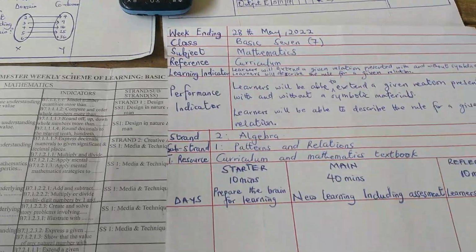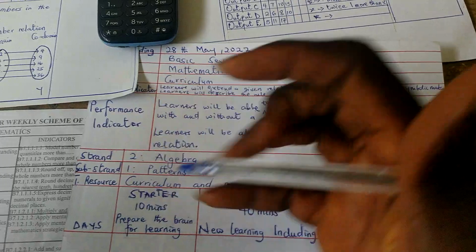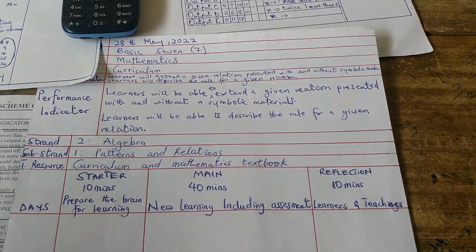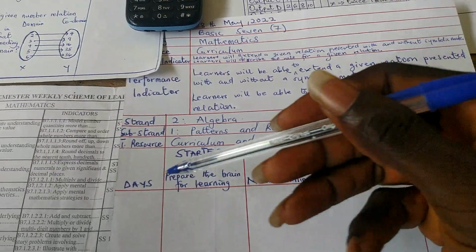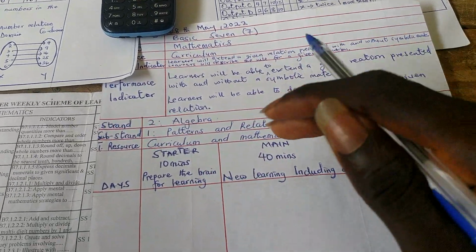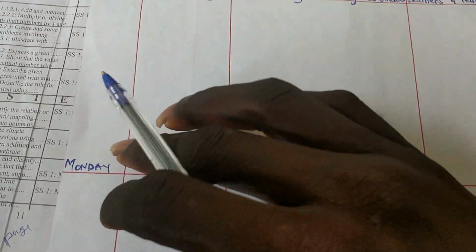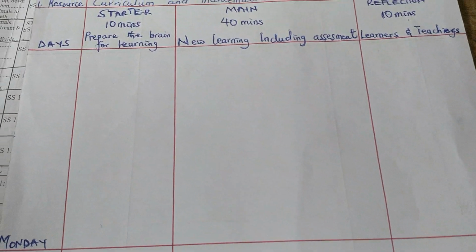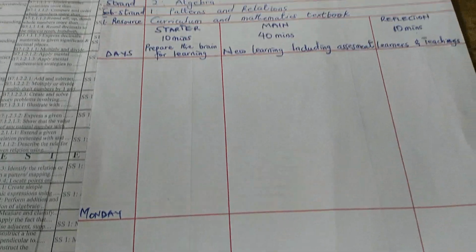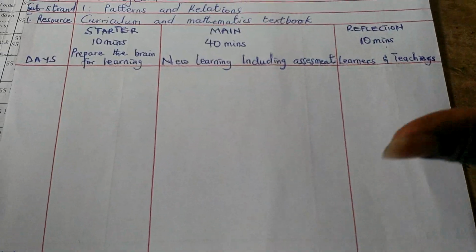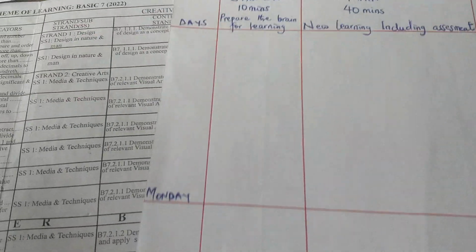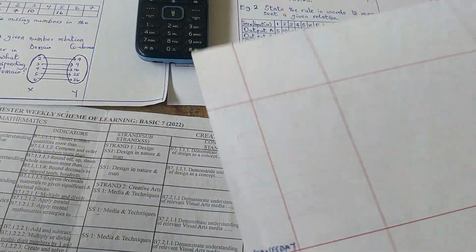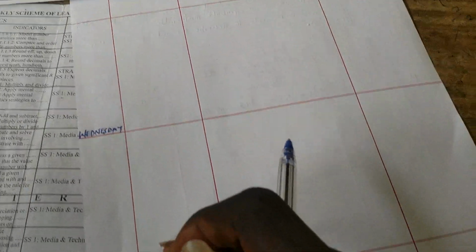Now when you come here, you have to know the meaning of these things, then you apply them whilst teaching. You have days. The day simply means the day we are teaching. So Monday we teach maths, Tuesday we are going to teach, Wednesday we are going to teach, and Thursday we are going to teach. For instance, I teach mathematics from Monday to Thursday, so I'm going to prepare from Monday up to Thursday.